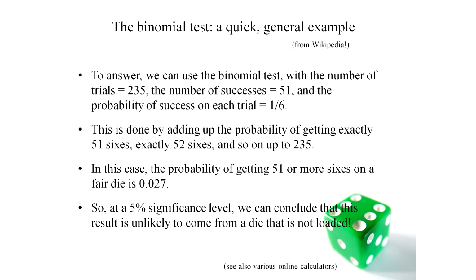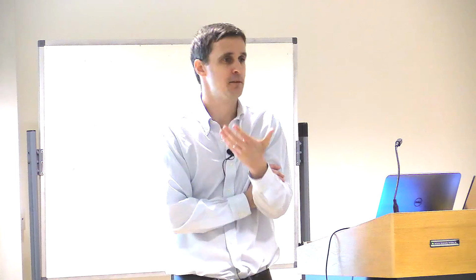So, of course, in biology, we tend to work with a significance level of 5%. So we would be saying that in this case, because that value is below 5%, it's below 0.05, it's pretty unlikely that that set of results came from a die that is not loaded. Okay? So that, in effect, is just the binomial test.